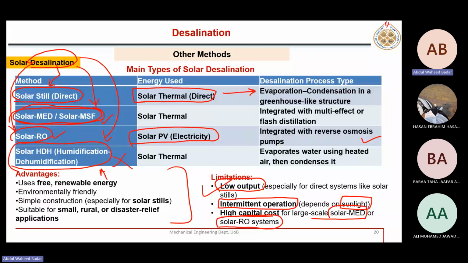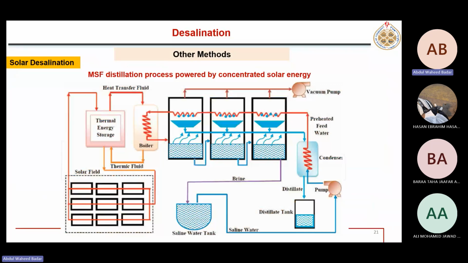Here you see a solar desalination system which is used for MSF, right? Multi-stage flash system. It is the same system which we covered, but here the major source of energy is coming from solar thermal collectors. It could be a parabolic trough, which is used to produce high temperature fluid.